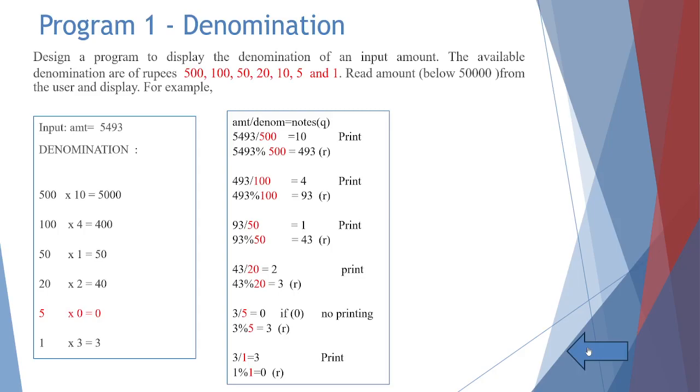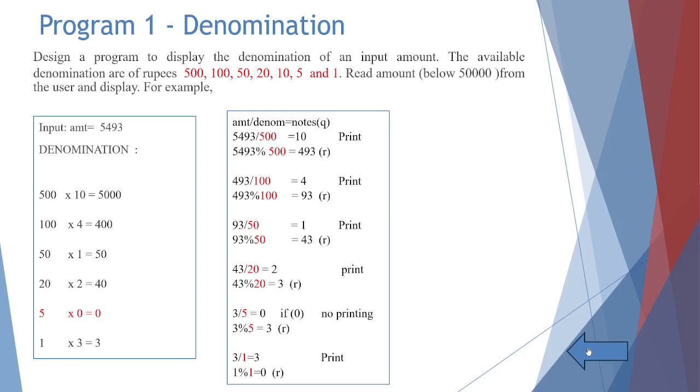So 93 divided by 50, whatever notes we have. Then 93 modulo 50, 43 is the remainder. 43 divided by 20, then 43 modulo 20, then 3 rupees left. We cannot divide 3 by 5.